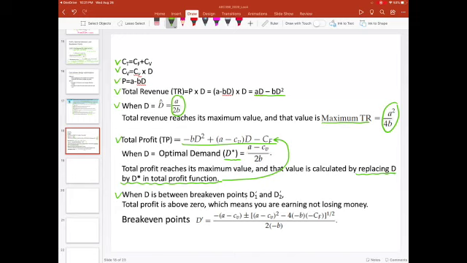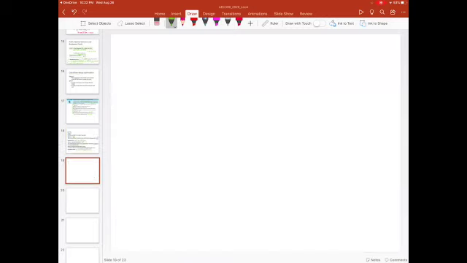And you also know when D is between D1 prime and D2 prime, you will have your profit bigger than 0, which means you're earning, not losing money. Okay, you are making profit. And the way you calculate break-even points is this function. Actually, it's two functions, okay, merged together. All right, let's do it.